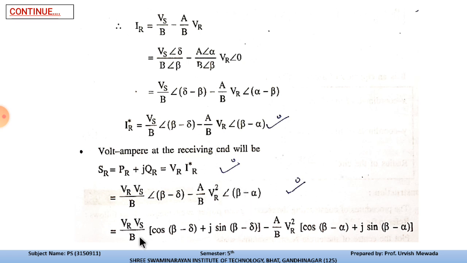Now VR into Vs by B will be cos of beta minus delta plus j sin of beta minus delta, because these terms are like an active component and reactive component pair. That's why we are taking the cos component and sin component of both angles.